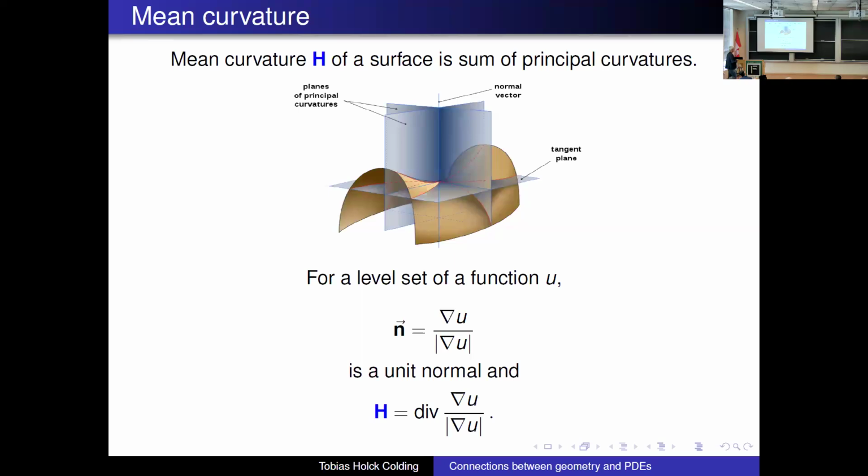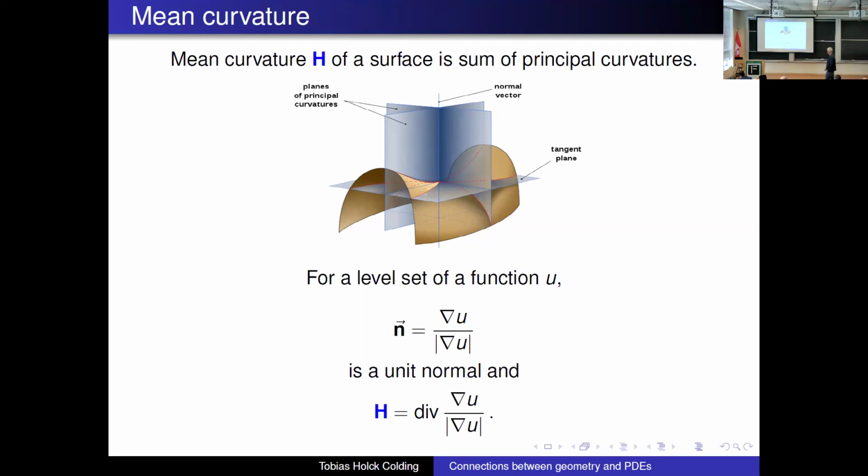And so the mean curvature then becomes just the divergence of the gradient. So this is the mean curvature. One way of thinking about the mean curvature is that it's the divergence of the unit normal. And so this is the same as the divergence of the gradient of u divided by the norm of the gradient of u.